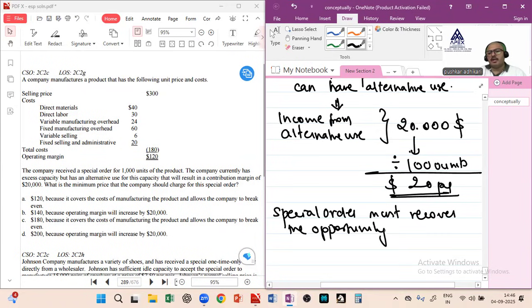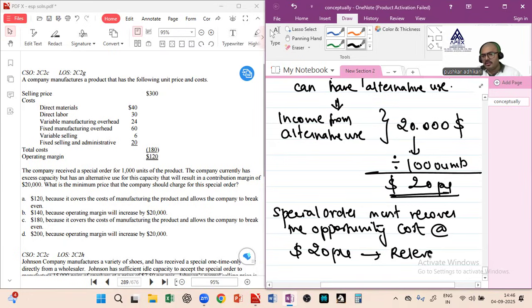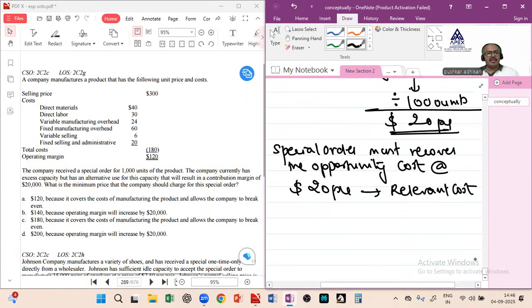This is nothing but an opportunity cost because you are losing the opportunity of 20,000 at the rate of $20 per unit, and this becomes a relevant cost. Now please try to understand. They are not saying anything about fixed cost. They are not saying anything about any other cost.